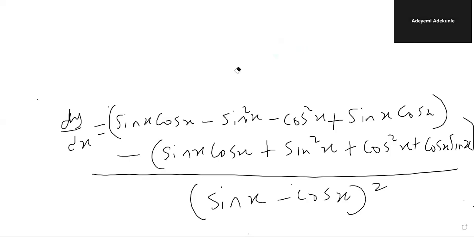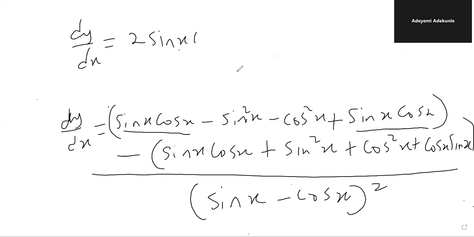All right, so we can write this as dy dx equals, from here, sine x cos x plus sine x cos x will give us 2 sine x cos x, minus. Now, if we bring out minus for this, we'll be left with sine squared x plus cos squared x. Please always take note of that.